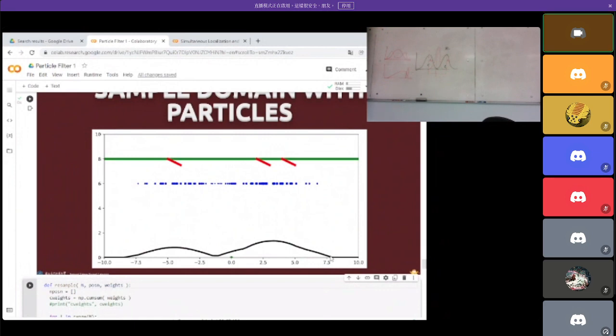But now, what do we do with sensing? Other sensing effects. So now I have some particles at different locations. And now I take a sensor reading, light. The light is above.